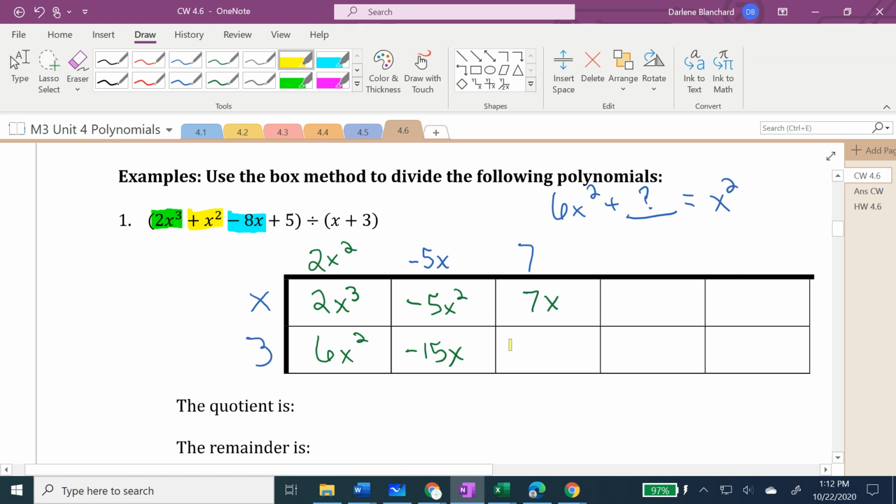Since I know that's 7, what goes in this box? 21. And then you want to remember that the next thing you are looking at is this diagonal needs to add up to positive 5. So what needs to go here?